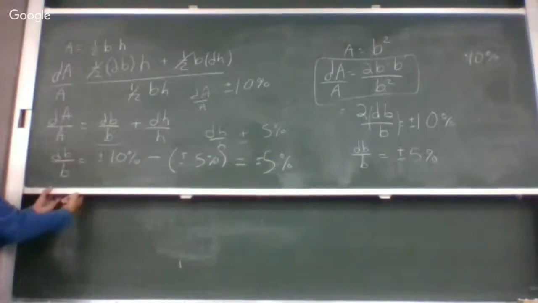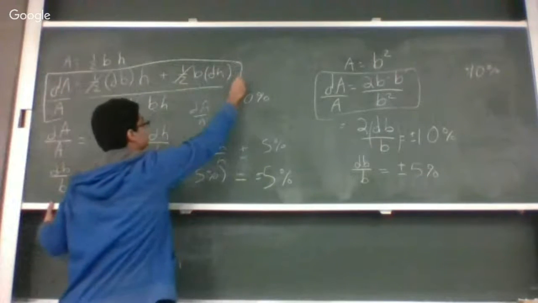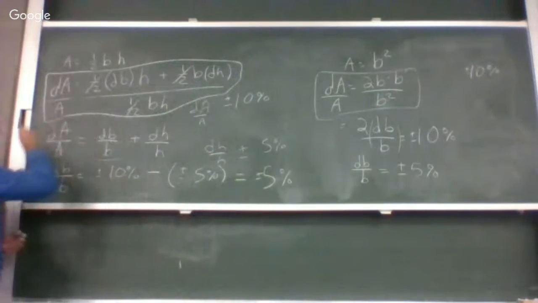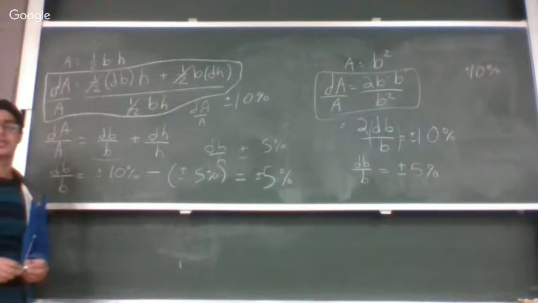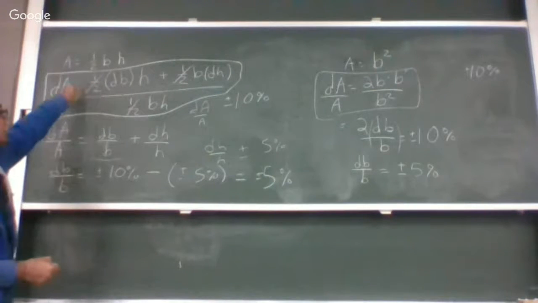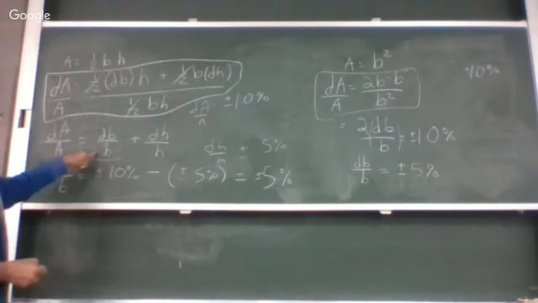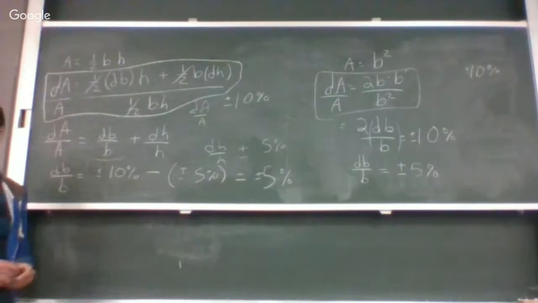The main place that people get confused is this step. They sometimes don't separate them right, or they take the derivative wrong, so they don't get dB over B or something like that. Then they don't know what to do.